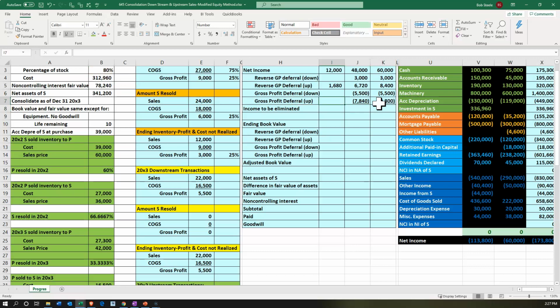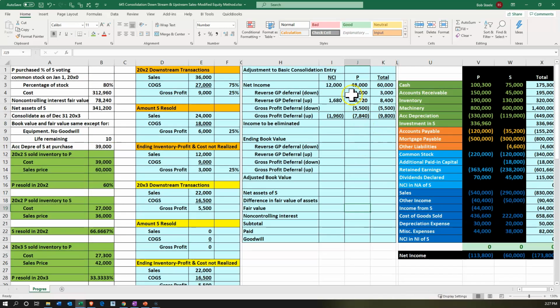And then this is going to be equal to, let's just subtract it out, this minus this, so that this plus this should equal the 9,800. So notice the down transactions we're applying to P. The up transactions we're breaking out between the non-controlling interest and P, the controlling interest.